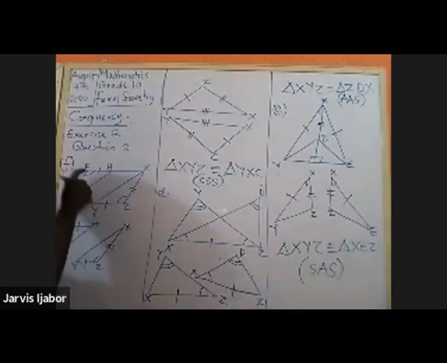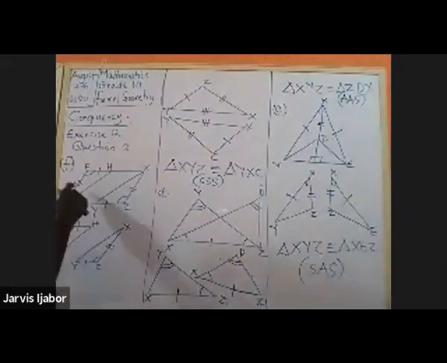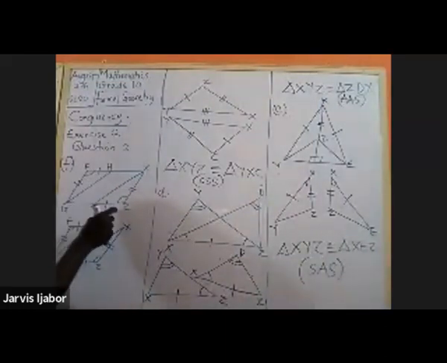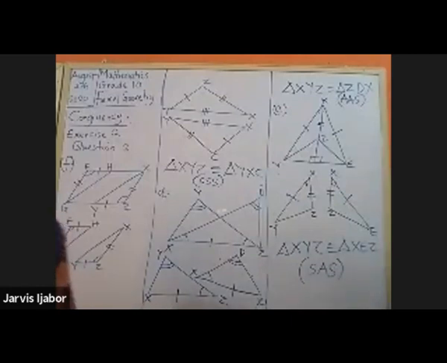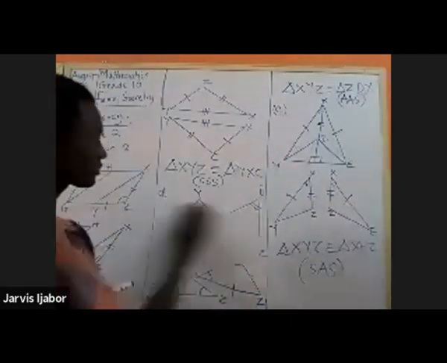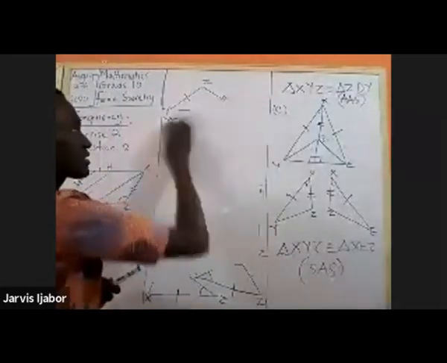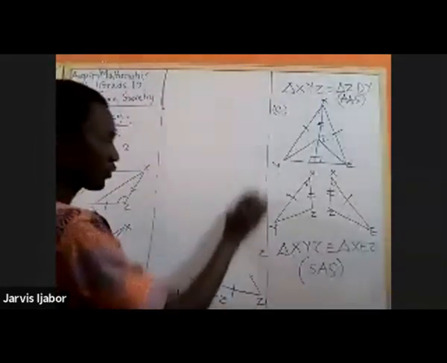The angle must be the same. If this side is equal to this side and this side is equal to this side, the angle between them must be the same. Right. So if you've drawn yours, the next thing is to say what is making them congruent.